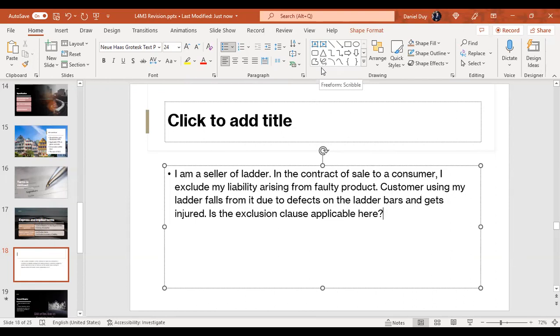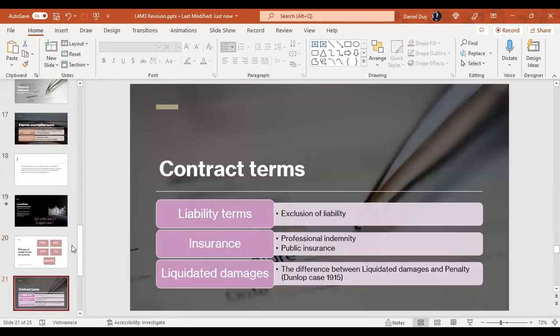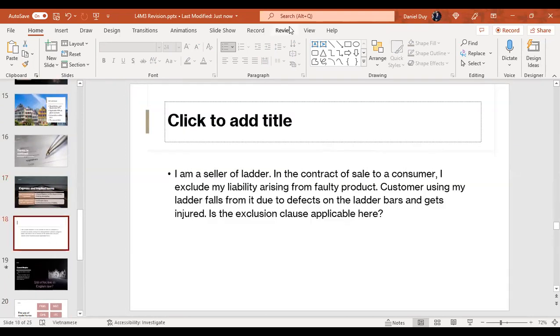What is your answer for this scenario? Okay, is there any other answer to the question?